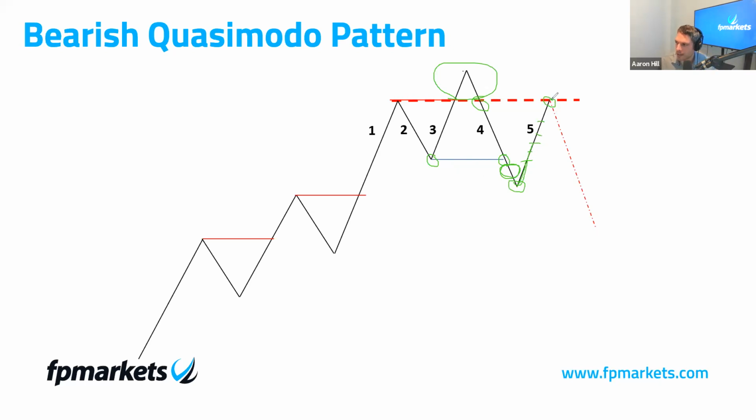Now, for me personally, I always look for a QM formation to form in hidden locations, if that makes sense. I don't want to see this level connected with a very obvious area of supply. What I like to see is price come higher, take out a supply area, and then react from this area, because I know above the supply area there will be buy stops above that area that will be filled, and I know that larger players require that buy stop momentum to sell into.